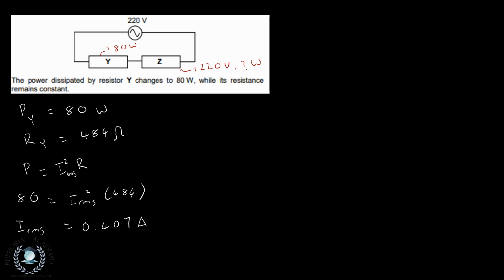So now we know the current that is flowing through the two resistors, but we need to know the voltage across Y in order for us to know the voltage across Z, the voltage drop.